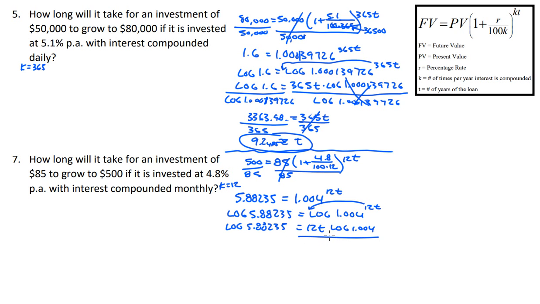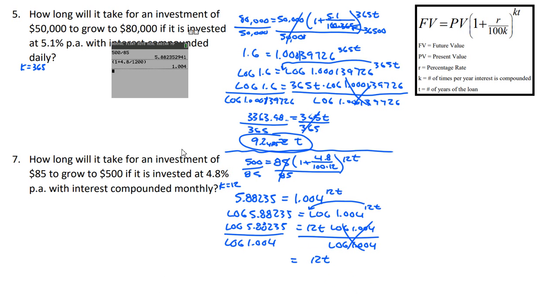We want to divide both sides by this log 1.004 to get rid of that, so that we'll just end up with 12t. So divide this by log 1.004, and let's see what we get.